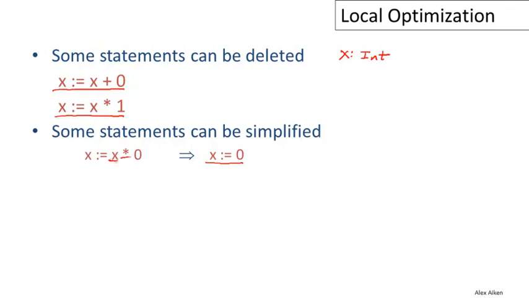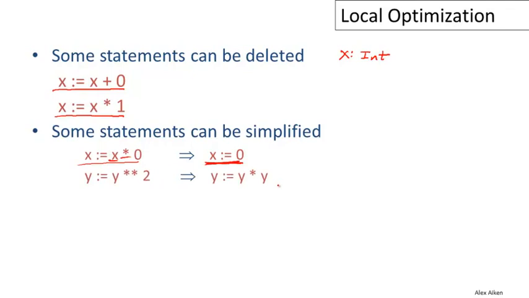That doesn't really cost anything. But it's possible that this instruction will execute faster than the multiplication. Now, on many machines, that's not the case. In fact, this assignment on the right will take the same amount of time as the multiplication on the left. But as we will see, having an assignment of a constant to a variable will actually enable other optimizations.